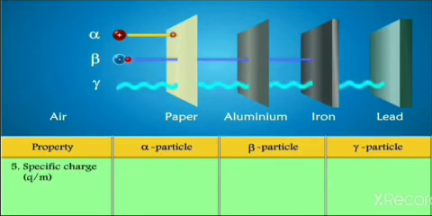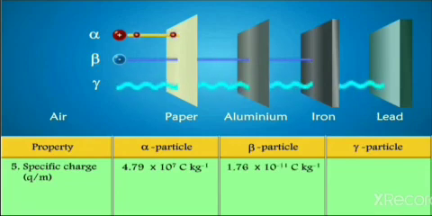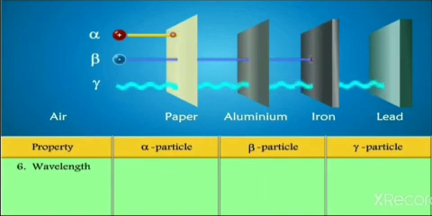5. Specific charge q/m. Specific charge of alpha particle is 4.79 × 10^7 coulomb per kg. Beta particle is 1.76 × 10^11 coulomb per kg. 6.